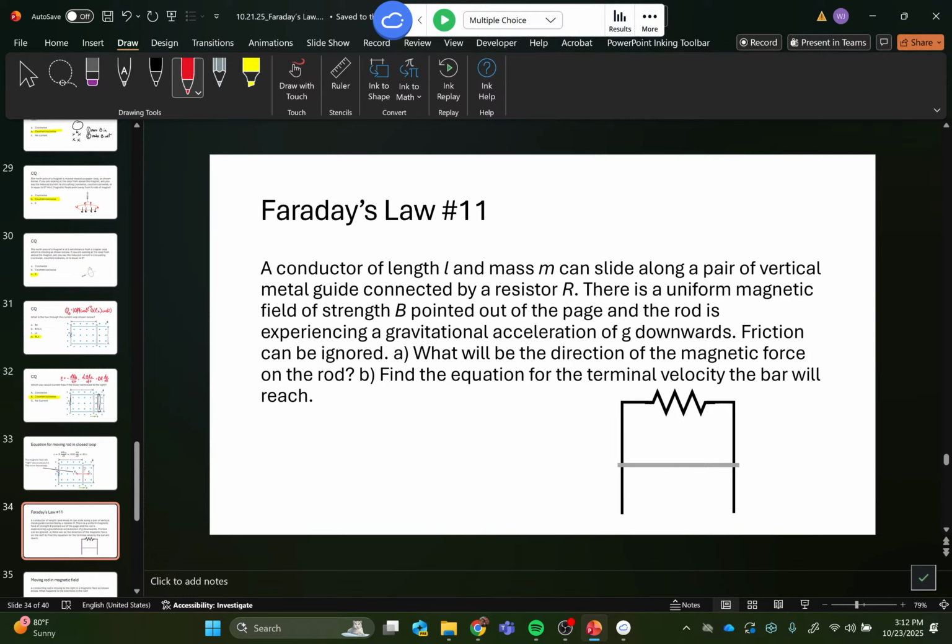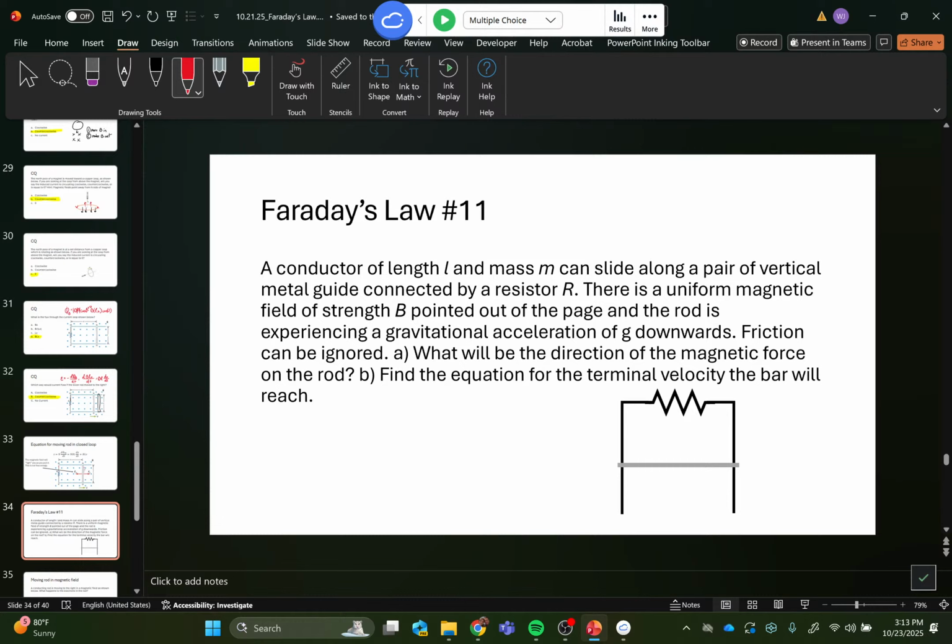There is a uniform magnetic field pointed out of the page, and the rod is experiencing gravity. It's on Earth. You can ignore friction. Find the direction of the magnetic force on the rod, and then find the equation for the terminal velocity. Jumping to part B might sound like a big jump, but for now, just try to do part A.